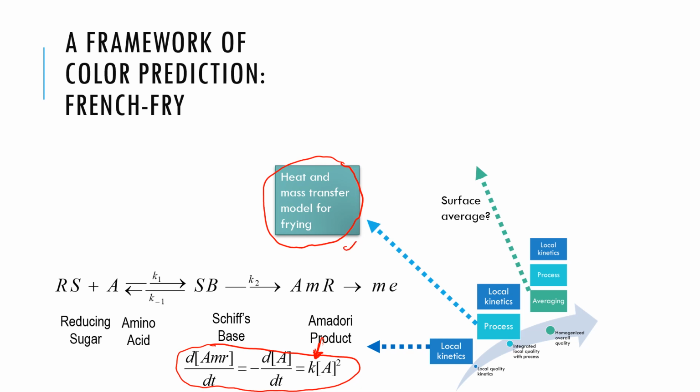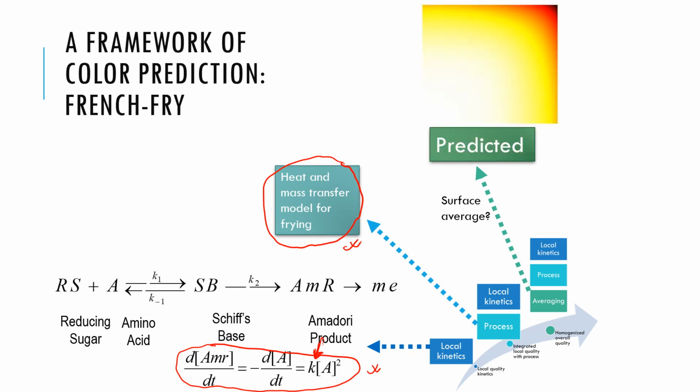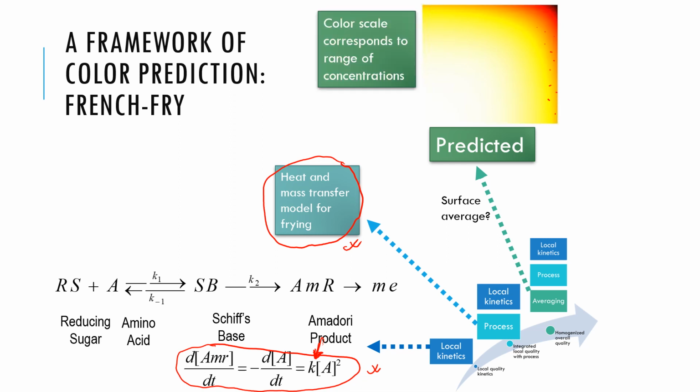We can combine this one and this one to get color locally at a location, and that can look something like this. So at every point we can get the local color, and that now can be averaged. So let me come back to that in a second.